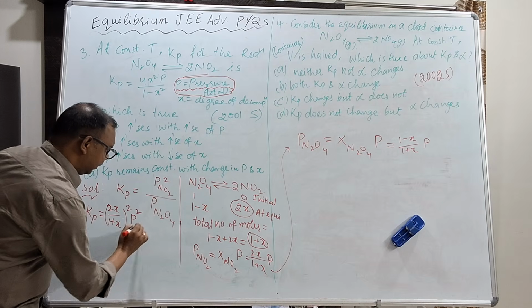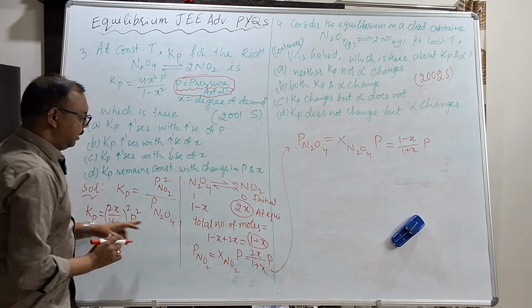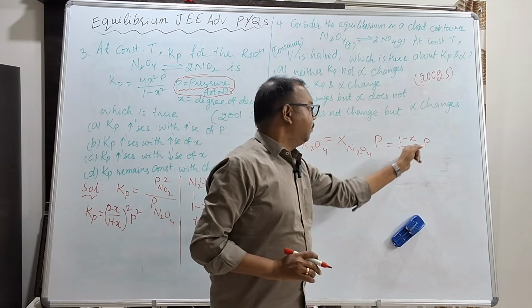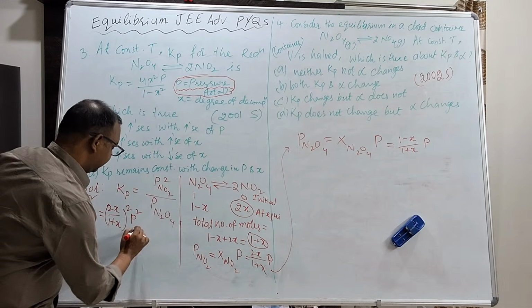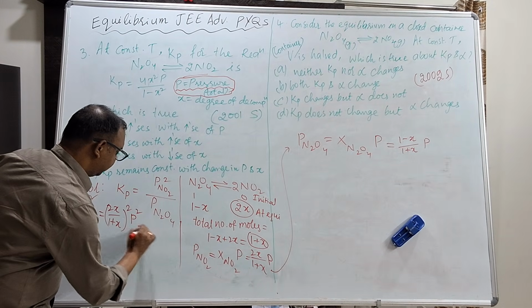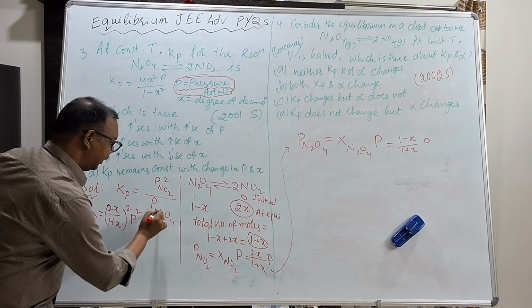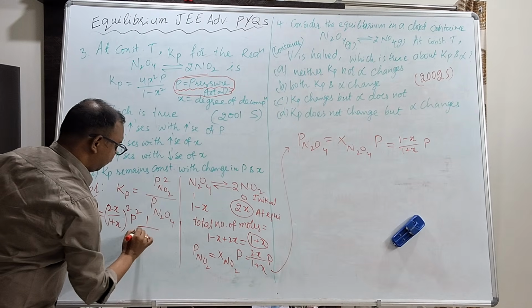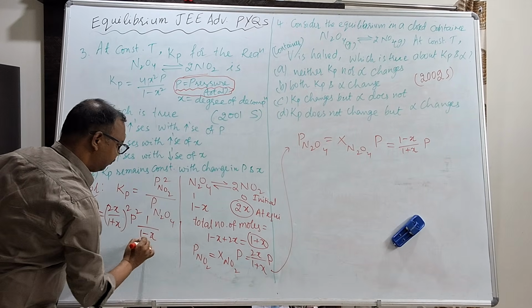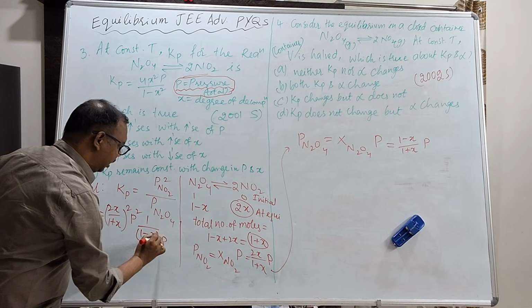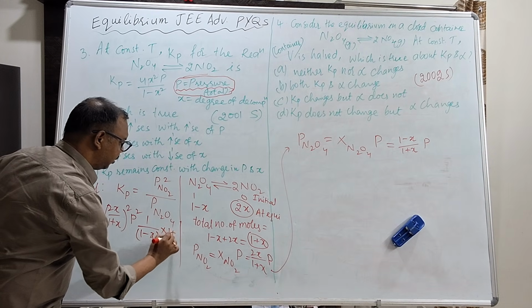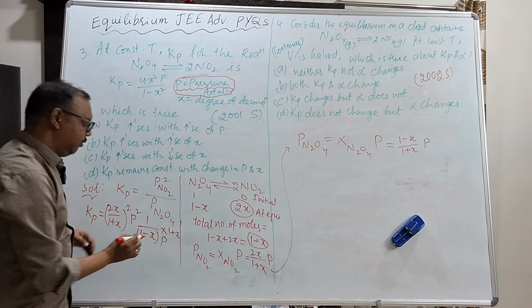And the denominator term is N2O4, that means 1 minus x by 1 plus x into P. We have to substitute that here. The denominator of the denominator becomes the numerator. Keep that in mind, all of you.